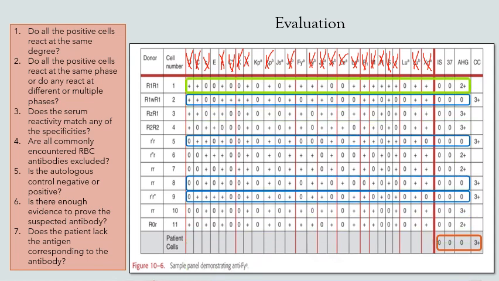So, first, cell number 1. Again, the negative reaction is what we exclude. So, here, letter E. It has zero reaction, so we will exclude E. And then, KPA.